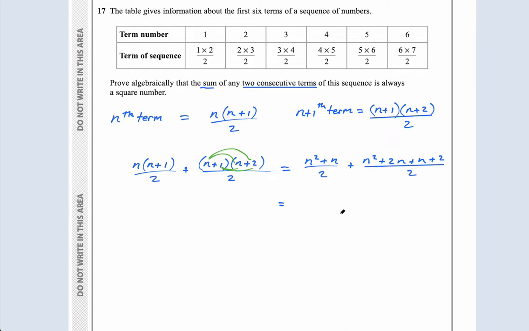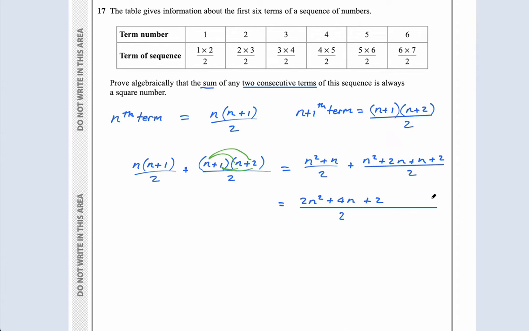This equals, now I have the same denominator, guys, so I can just add them together. n squared plus n squared is 2n squared. n plus 2n plus n is 4n. 1 plus 2 plus 1 is 4. And then 2 is just 2.